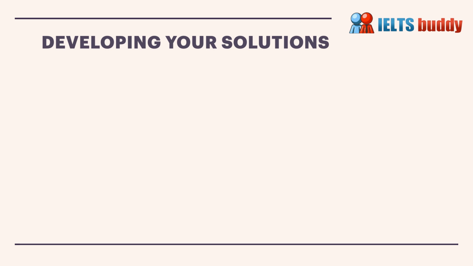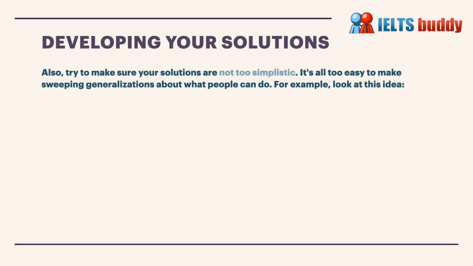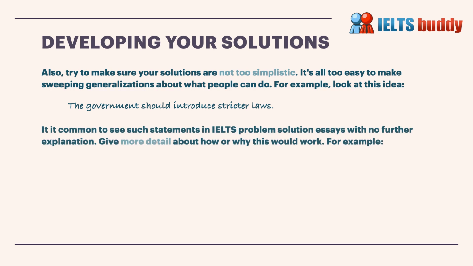So let's look a bit more at how these solutions have been developed. You need to make sure your solutions are not too simplistic. It's all too easy to make sweeping generalizations of what people can do. For example, look at this idea: the government should introduce stricter laws. It's common to see such statements in IELTS problem solution essays with no further explanation.